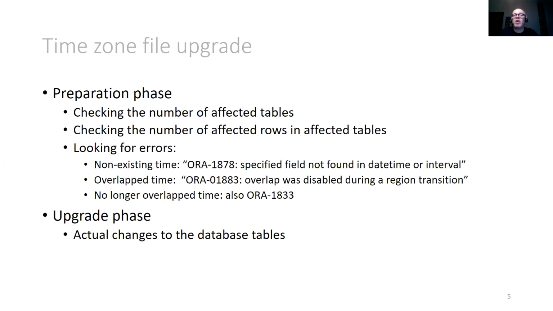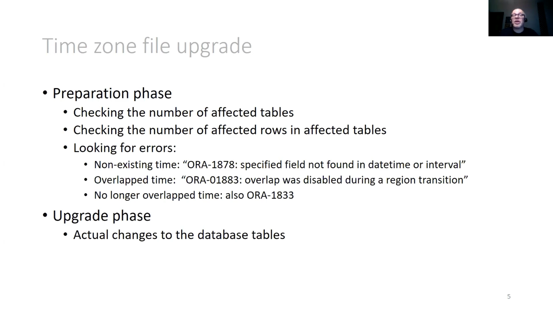In the morning, which means that after the upgrade, any time between 2 a.m. and 3 a.m., or actually 2:59, plus seconds plus fractional seconds, does not exist anymore, right? We are expected to jump over this 1 hour.